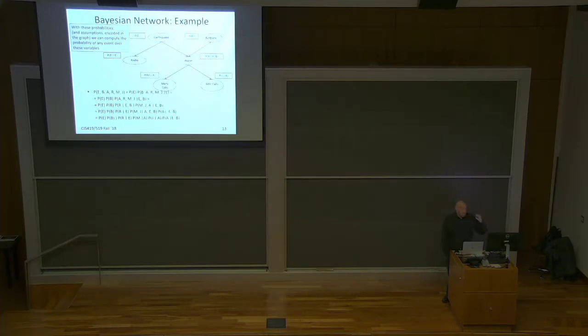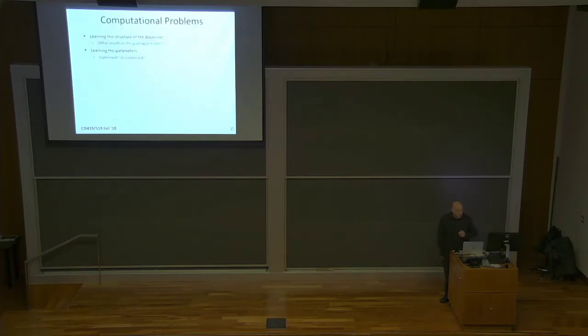You know that you have to learn P of R given E, depending on what assumption you're making on this edge. Do you assume Bernoulli? Do you assume exponential? Do you assume Gaussian? You're going to compute the MLE, the maximum likelihood estimate of P of R given E. So this is the easy part.